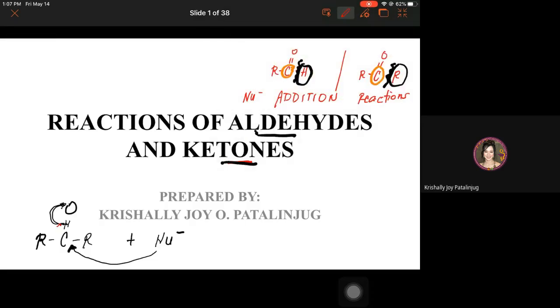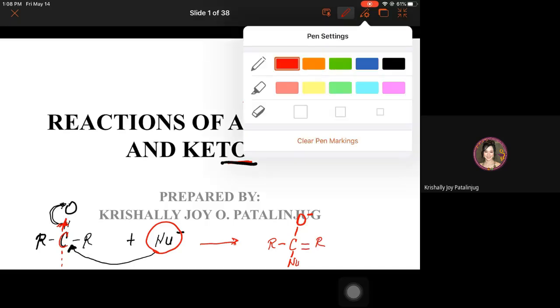Upon the nucleophile attacking the carbonyl carbon, it pushes the electrons towards the oxygen, breaking the pi bond, to form a new bond and add that incoming nucleophile. So initially, you have one bond already here, then the oxygen will be unstabilized, but the nucleophile is already added. Sorry, narisa ko na siya.